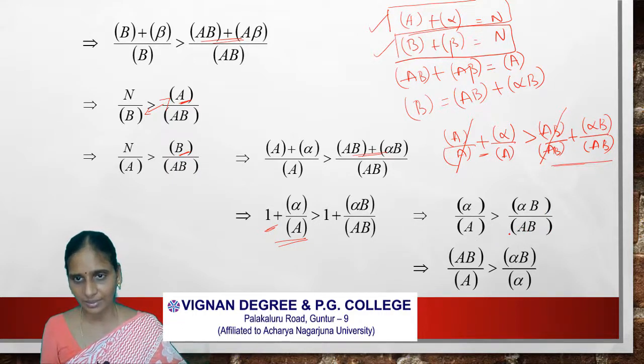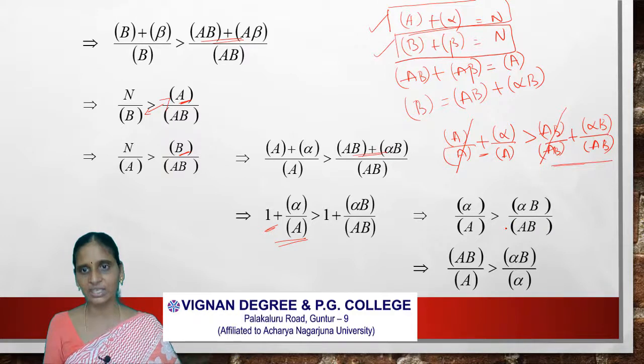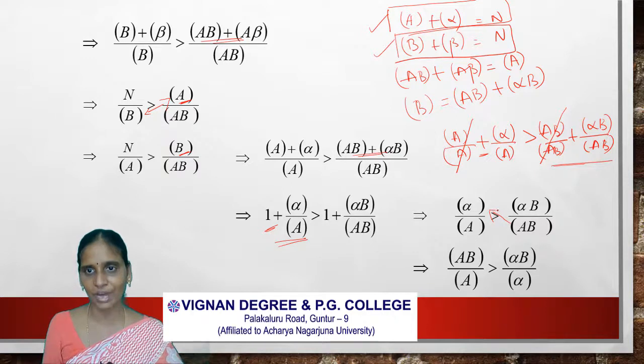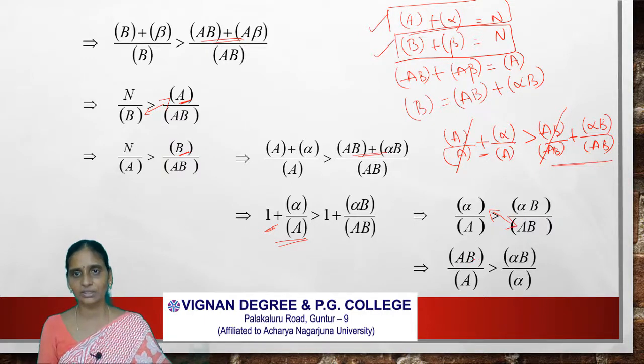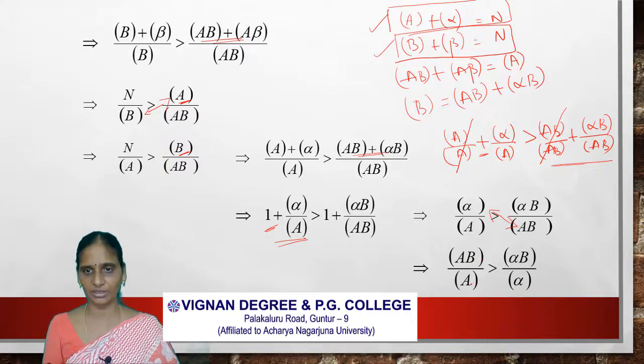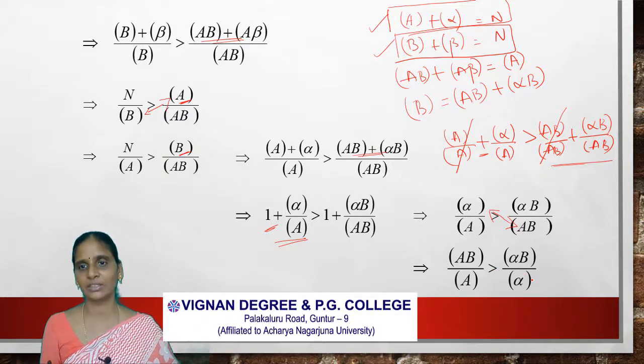In the next step, we have to interchange the terms frequency of AB and frequency of alpha. Then we get frequency of AB by frequency of A, which is greater than frequency of alpha B by frequency of alpha.